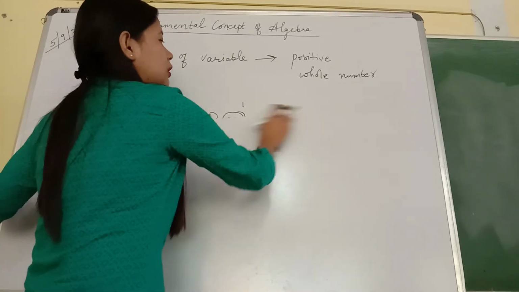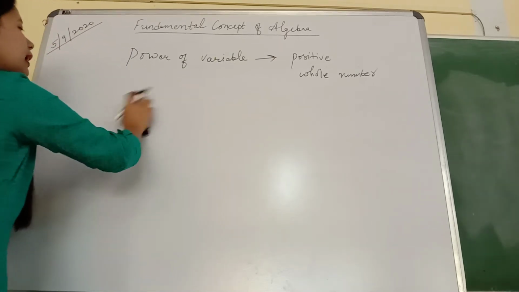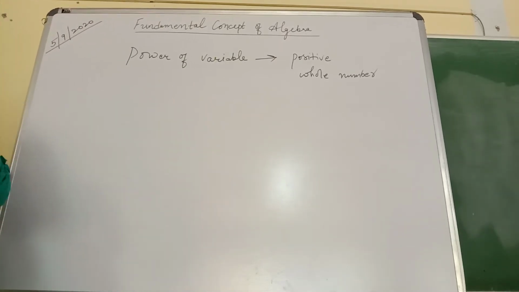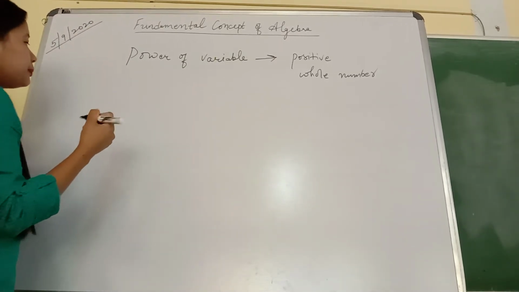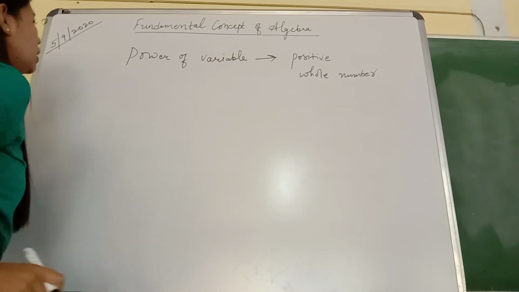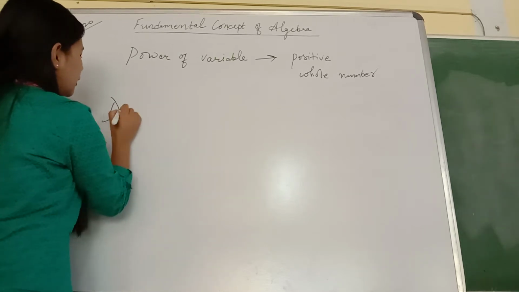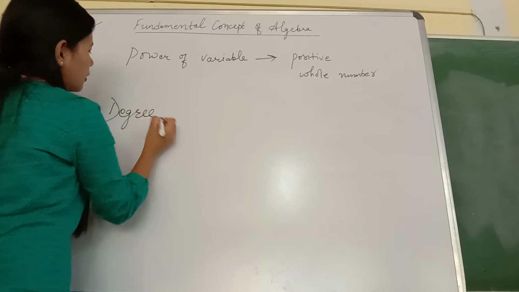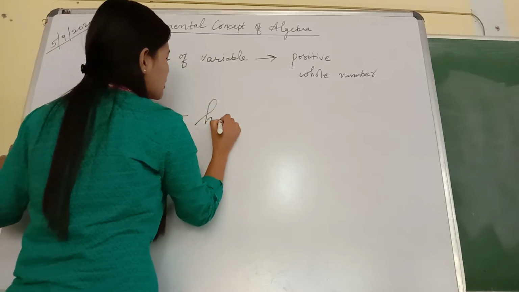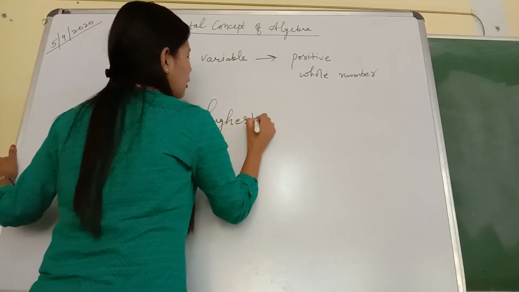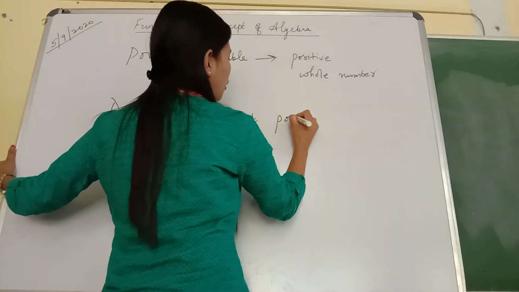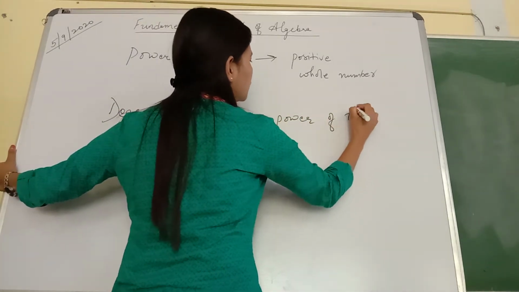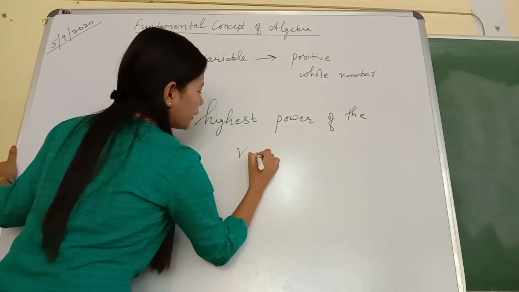Now we will learn what the degree of a polynomial is. A degree is the highest power of the variable.